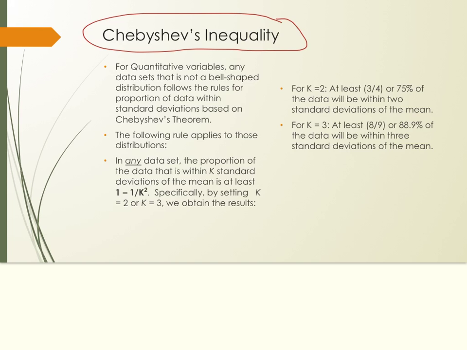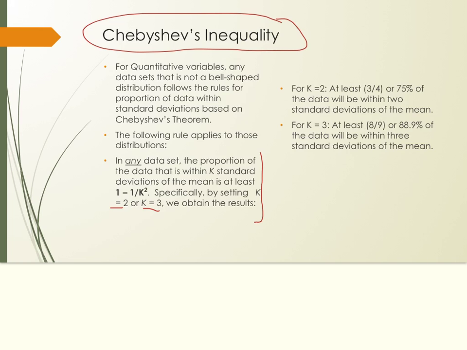Essentially, the proportion of data that is within k standard deviations of the mean is at least 1 minus 1 over k squared. So specifically, we let k equal 2 or 3, and we get the following information.